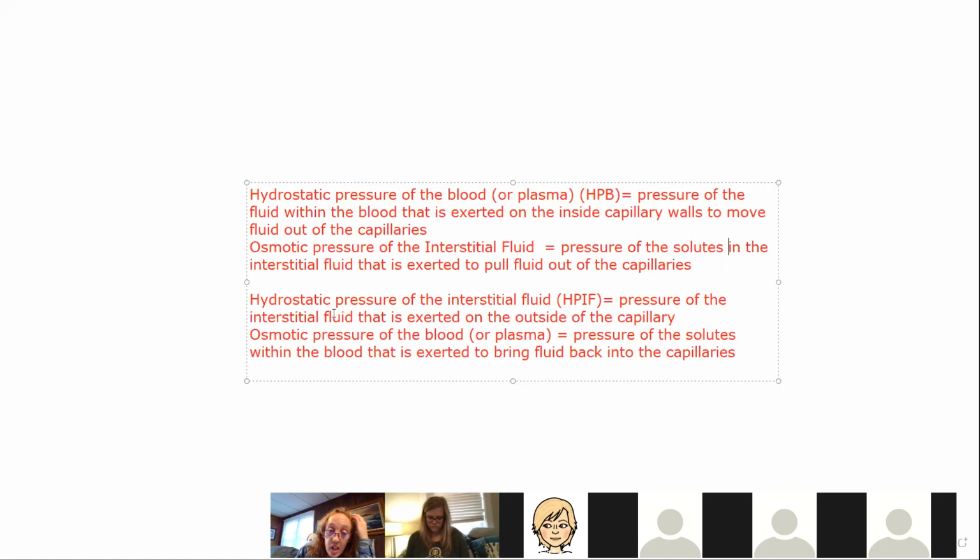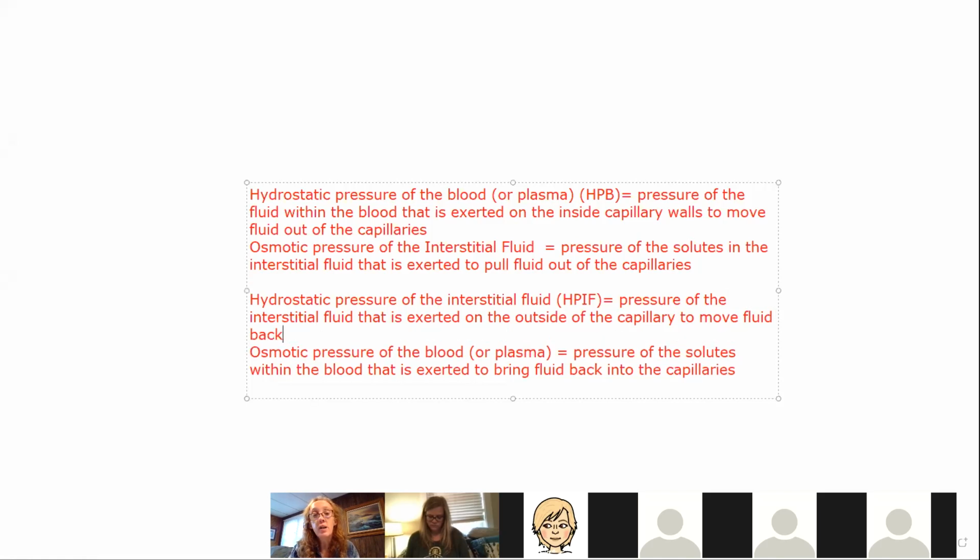The hydrostatic pressure of the interstitial fluid is the pressure of the interstitial fluid that's exerted on the outside of the capillary to move fluid back into the capillaries.